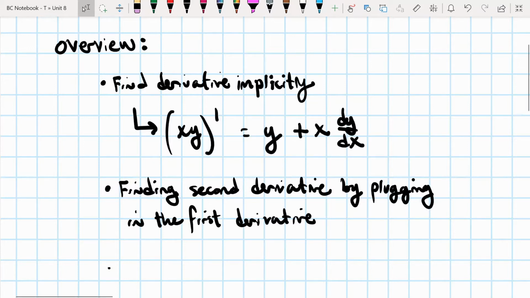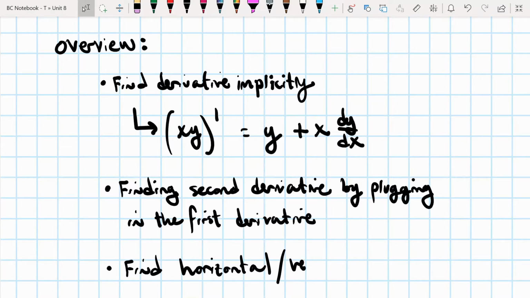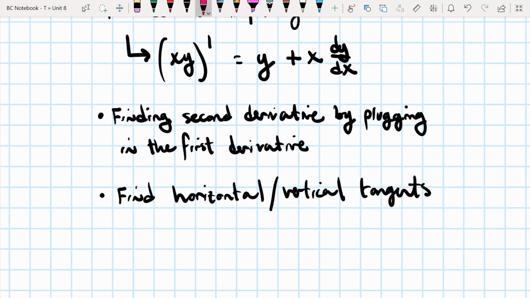Okay, next common question you're going to see is finding the horizontal/vertical tangents. Okay, horizontal tangents, you should know that a lot of times we're going to be dealing with fractions, so you're going to set the numerator of the fraction equal to 0, because if the numerator of the fraction is equal to 0, then the entire fraction is equal to 0.